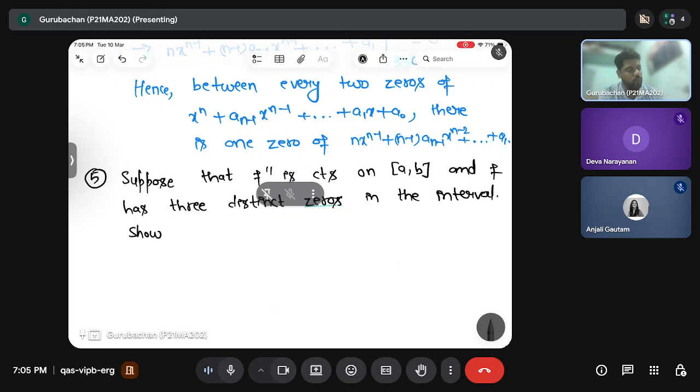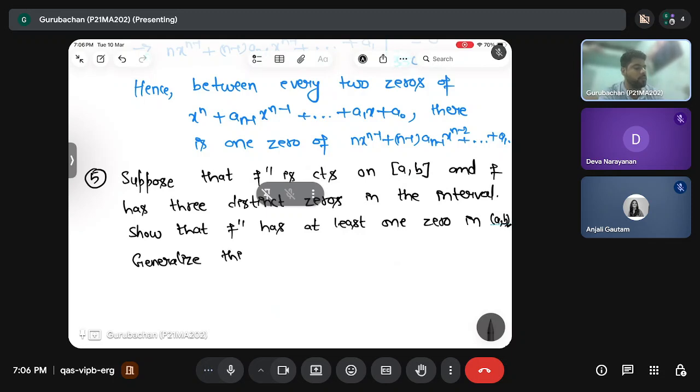Then show that f double dash has at least one zero in (a, b). Generalize this result.